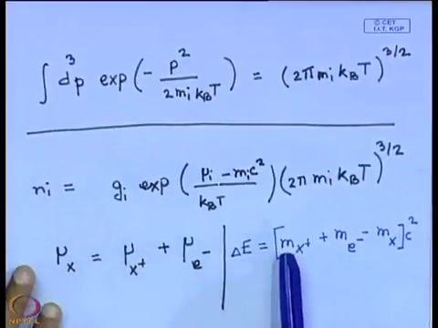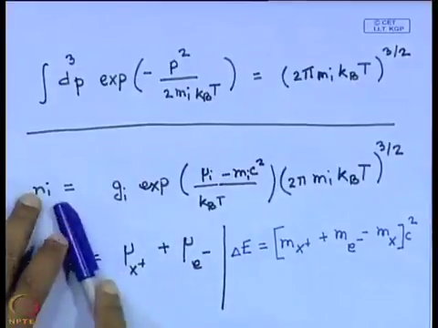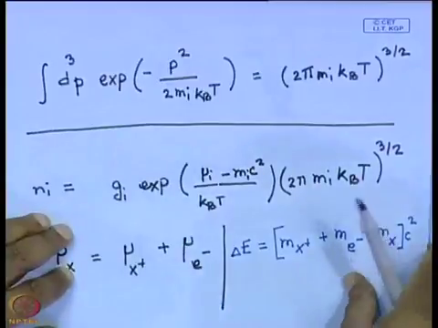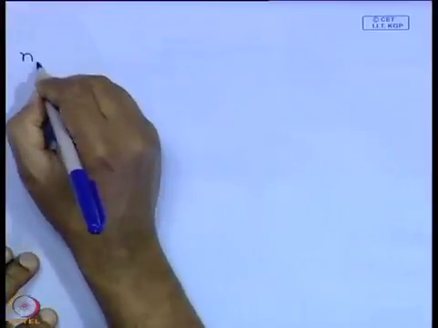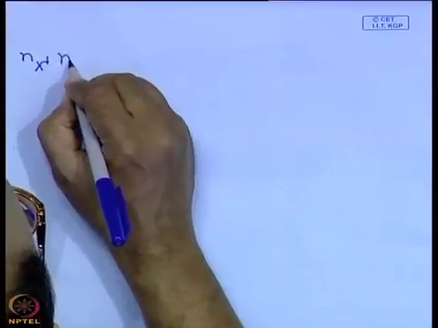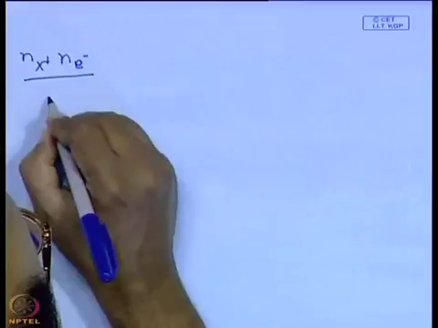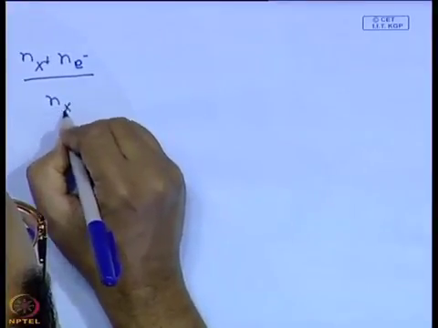So, with these two inputs, we can now consider the ratio of the number density of particles in the ion into the number density of particles of the electron divided by the number density of particles in the neutral atom.